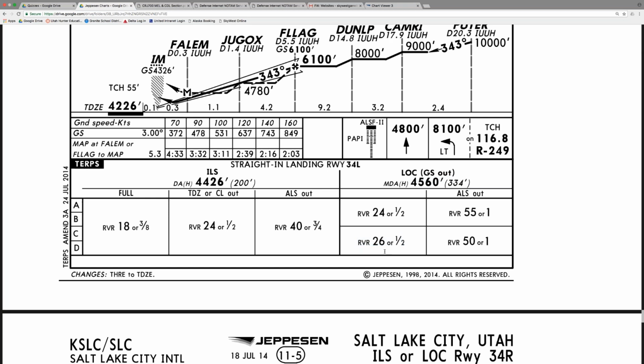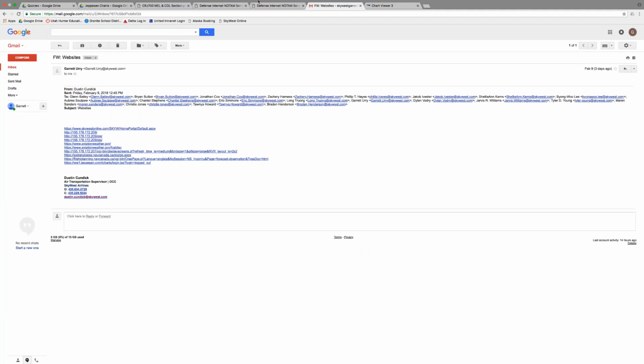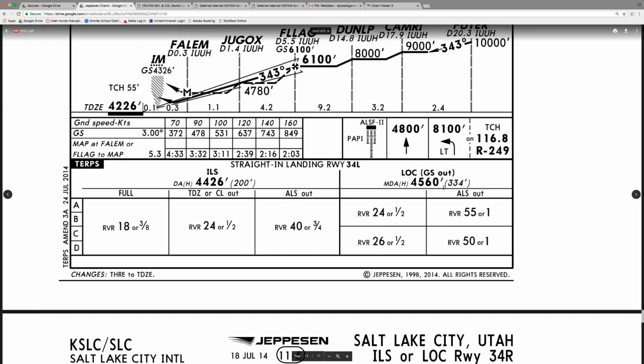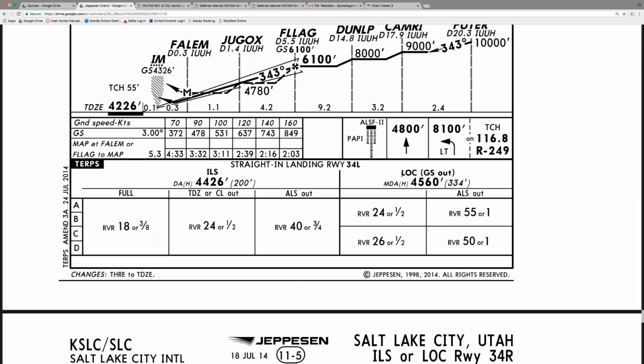But when we apply that NOTAM that we're looking at, it just raises that another 80 feet to increase the margin of safety. So yeah.